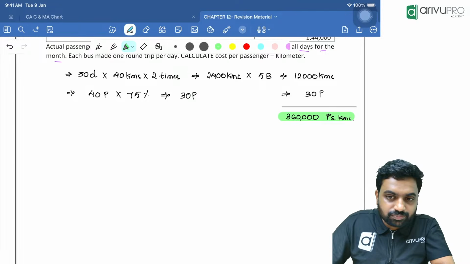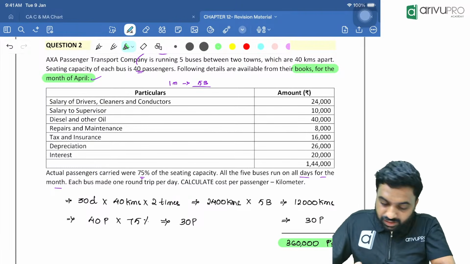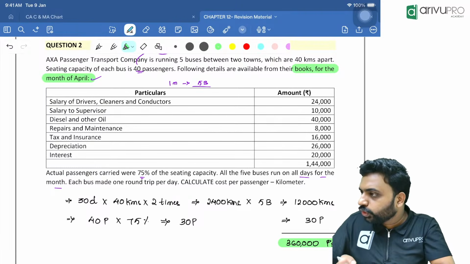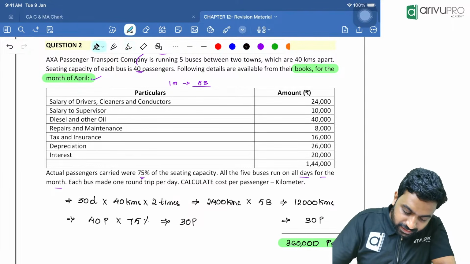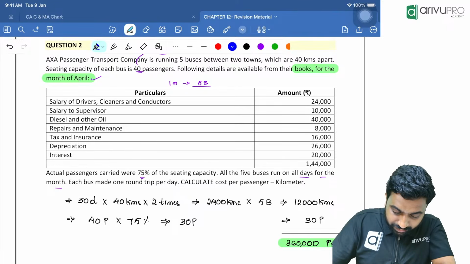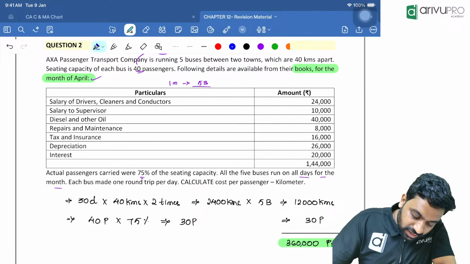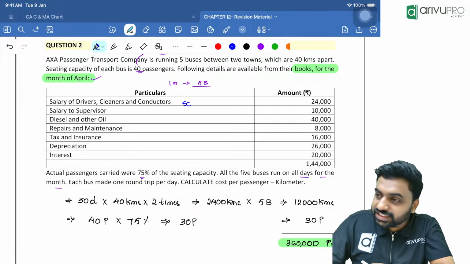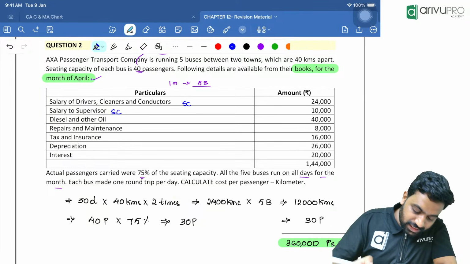Is that clear? Now, talking about numerator. Guys, everything is for a month, so no problem at all. Tell me, salary of a driver, cleaner, conductor, is it fixed in nature or variable in nature or semi-variable in nature? Fixed. So I will call it as standing charges. Salary to supervisor, standing charges.